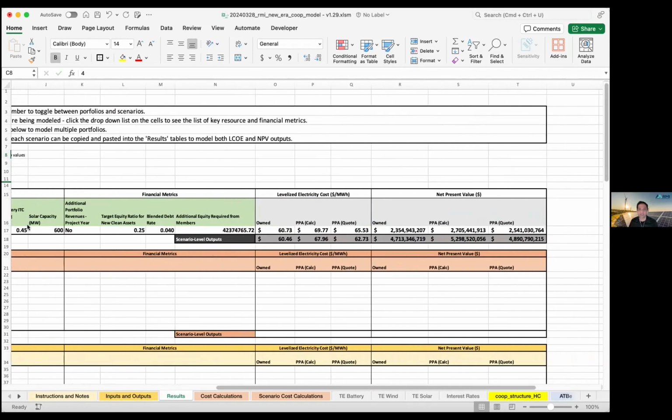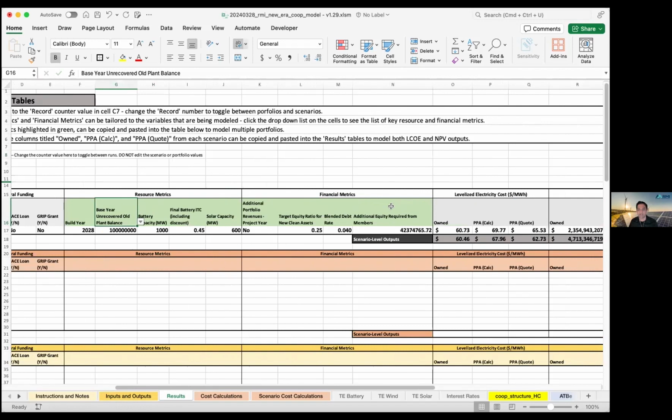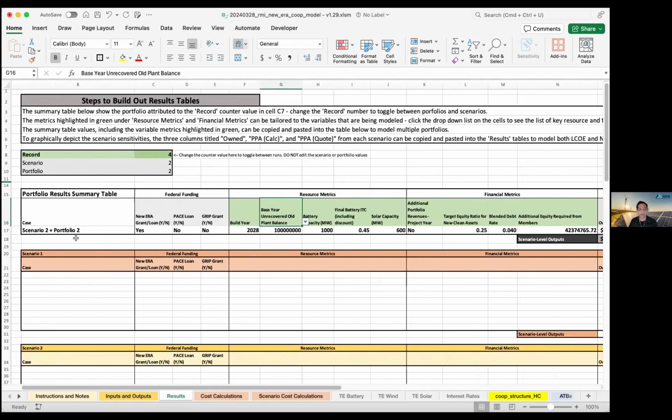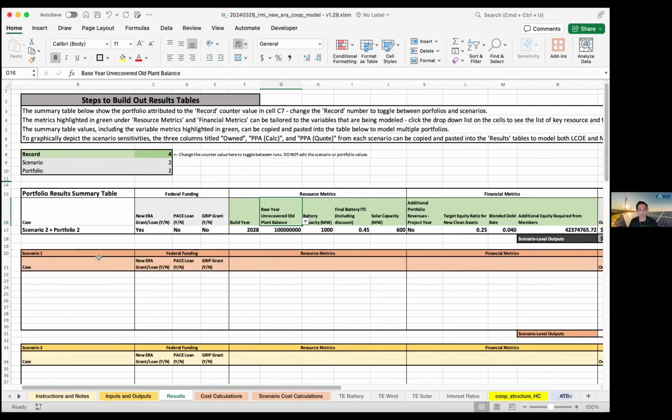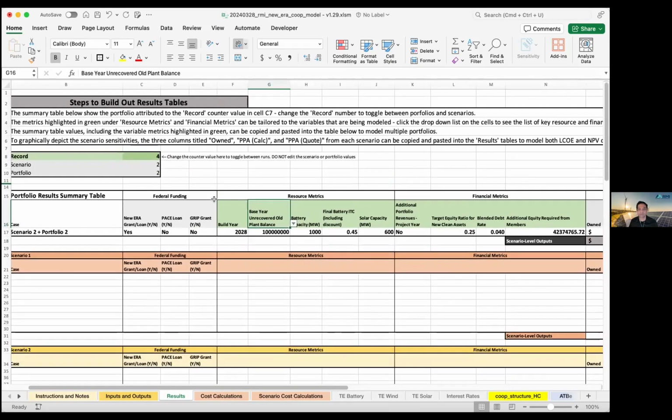It shows the key results here, allows you to select different metrics that you want to show for the resources and finances, and generate the final cost outputs, and then selectively copy and paste as values into these scenario cases, and then further into these graphs to allow you to see how those ranges of output values differ as you look at multiple scenarios and portfolios.